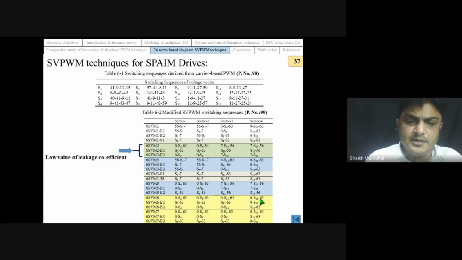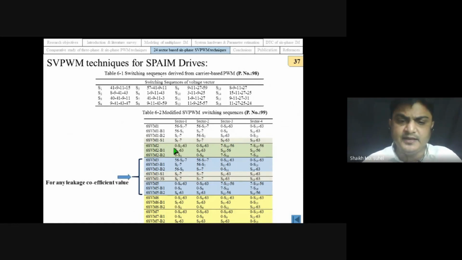The remaining three PWM techniques, six-phase SVM2, B1 and B2, provide good performance at low values of leakage coupling coefficient. A low value of leakage coupling coefficient means zeta equal to 1. So if I have a permanent magnet synchronous machine, this PWM technique will provide the lowest stator current distortion.